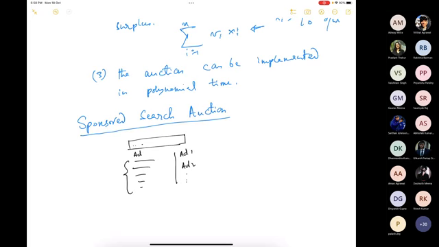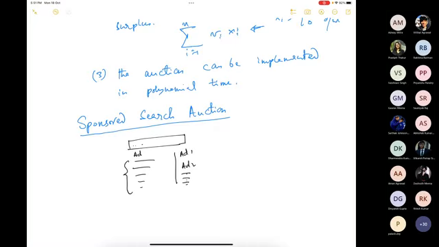And there, as you can see, there are multiple slots. It's not like a single item sealed bid auction. There are multiple slots, and the question becomes which ads to show in what slot. To decide that, some kind of auction is again conducted, and that is called sponsored search auction.